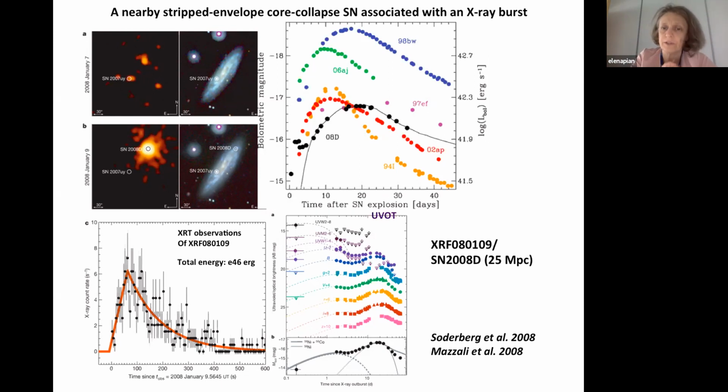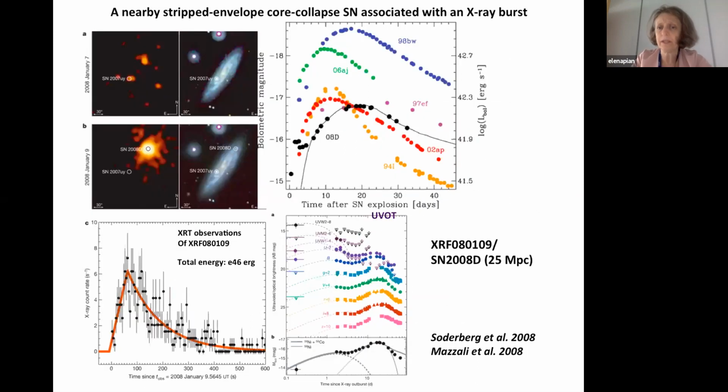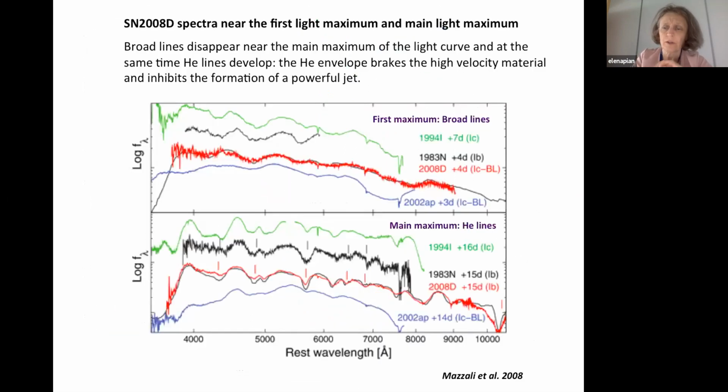That luminosity is just the cooling of the supernova shock as it breaks out of the stellar envelope, out of the stellar surface. And so a spectrum taken at the peak of this early emission shows broad lines and no helium, as in a typical gamma ray burst supernova.